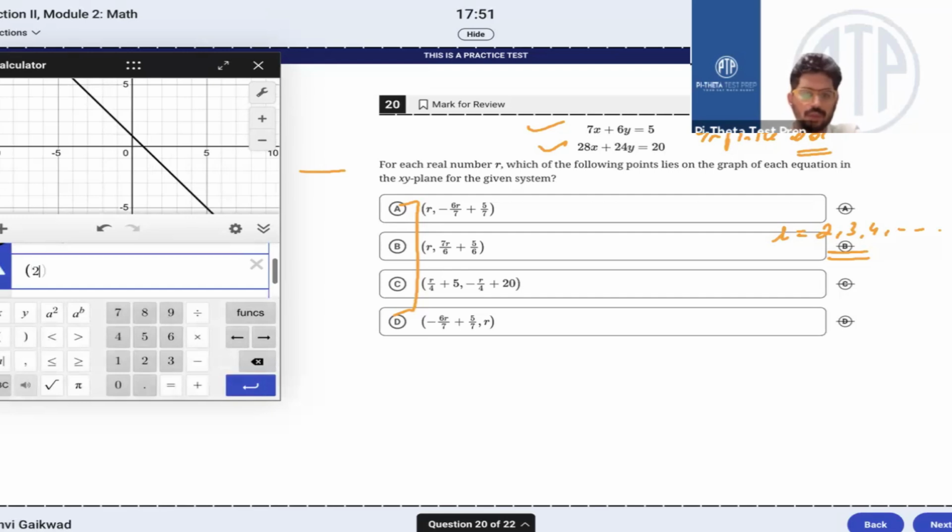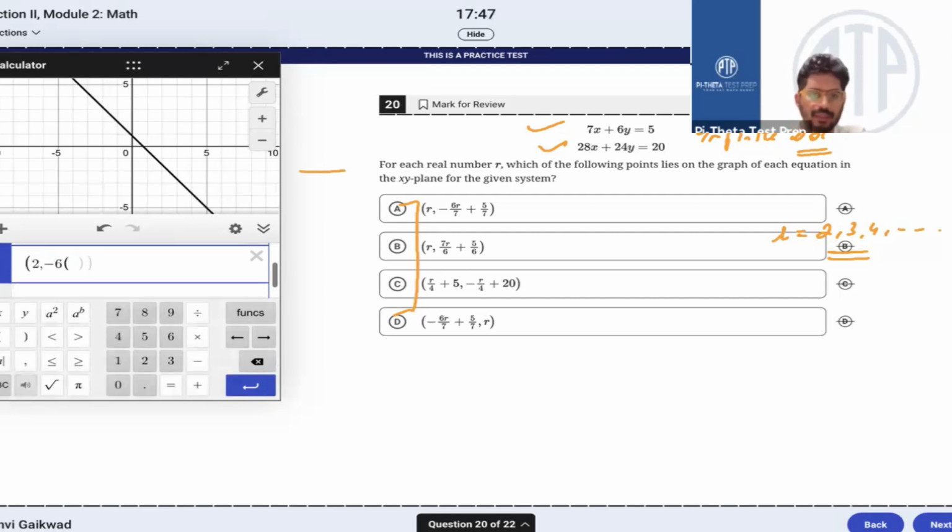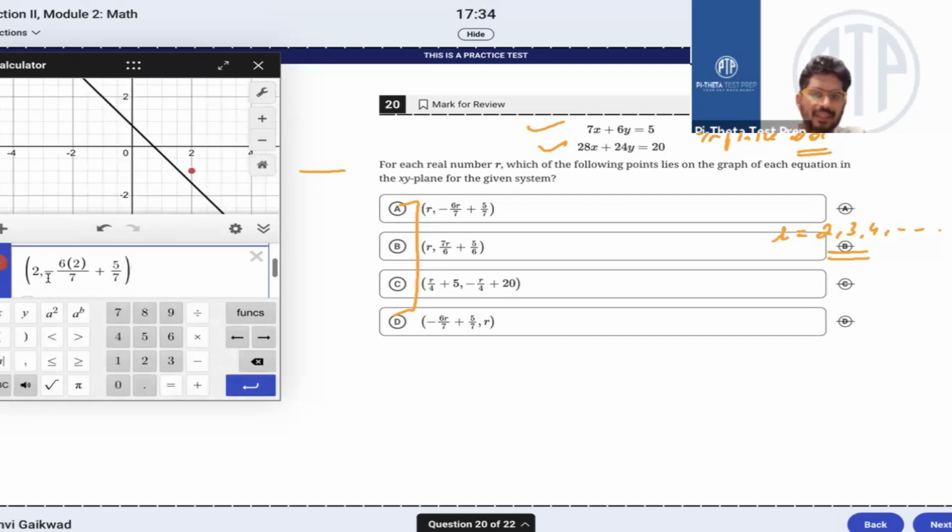And I'll try to put all the equation. I'll put r equal to 2 here. So 2 comma. You can put negative 6. That is nothing but 2 upon 7 plus 5 upon 7, right? Whether it is passing through the line, no, it's not passing, right? I can change here itself. Okay, I can change in this.